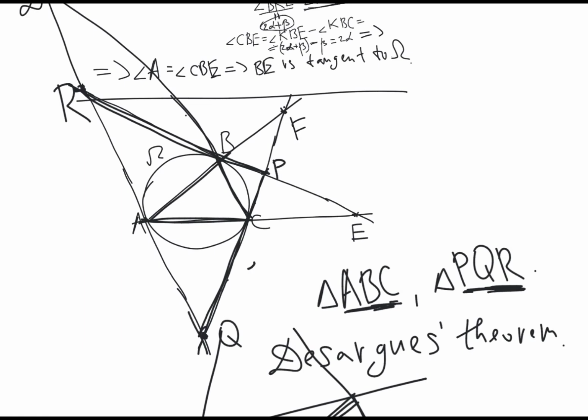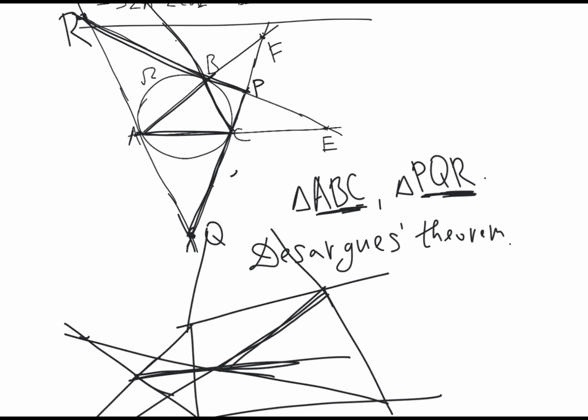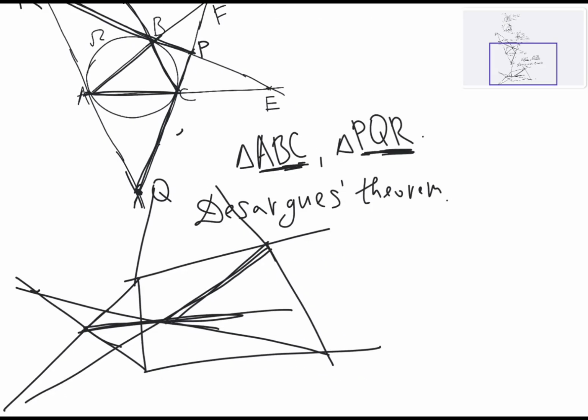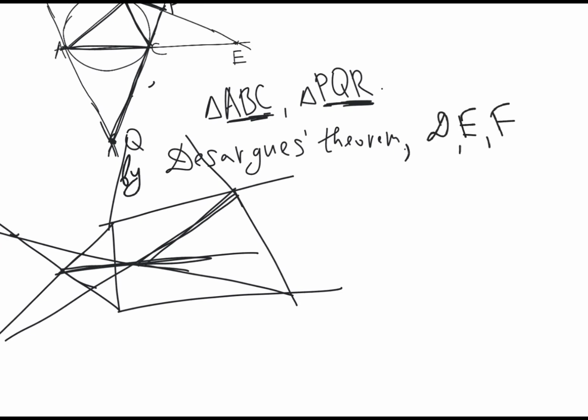the fact that the lines connecting the corresponding vertices of these two triangles intersect at a single point.